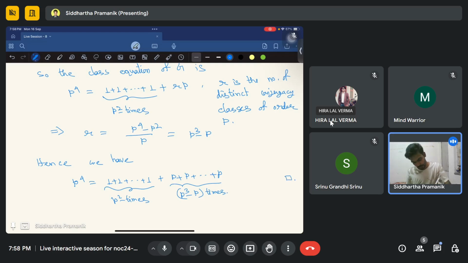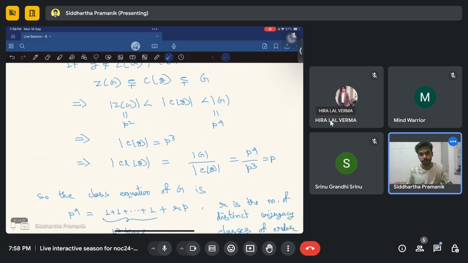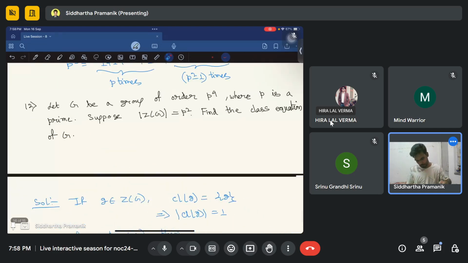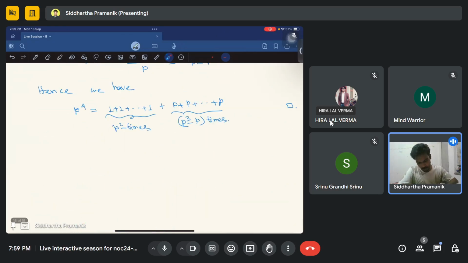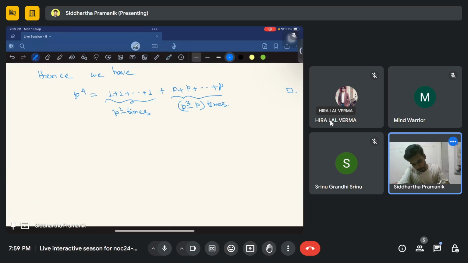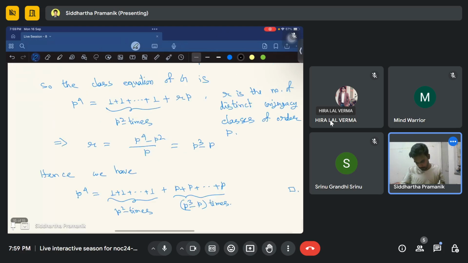So this is the class equation of a group of order p to the power 4 whose center has order p squared. Is this clear? Yes. Okay, so let me quickly introduce the quaternion group. This will be the final one.